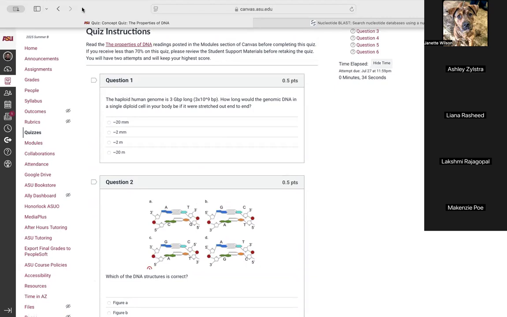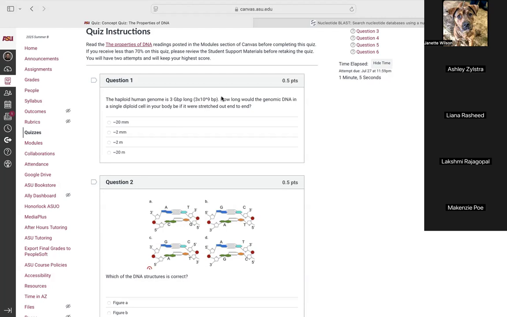So the 3 times 10 to the 9 base pairs, how do we figure it out? Were you given the length of one base pair? I had to really deeply go through the slides and then find out, but it was not that accurate. It was very difficult to find the information.